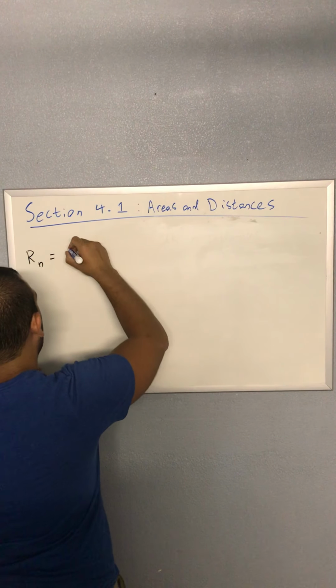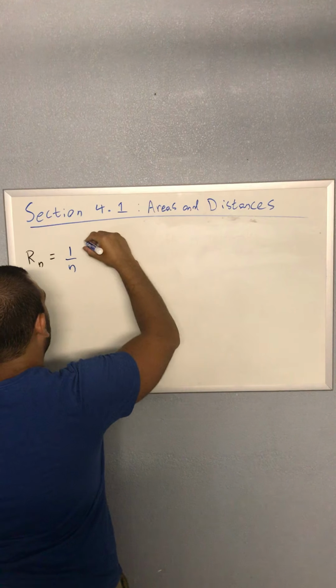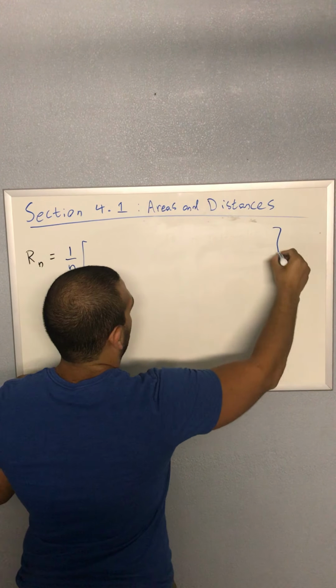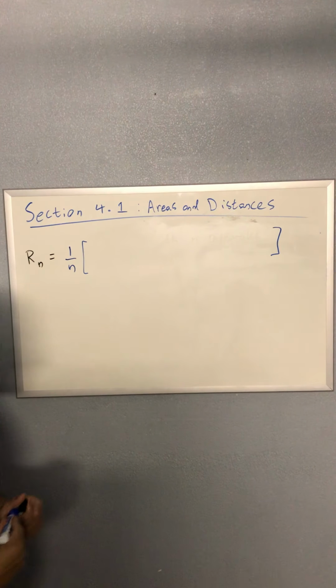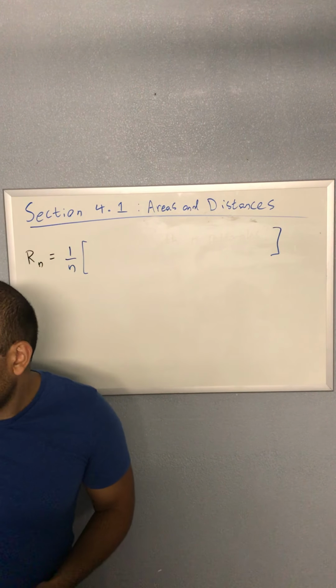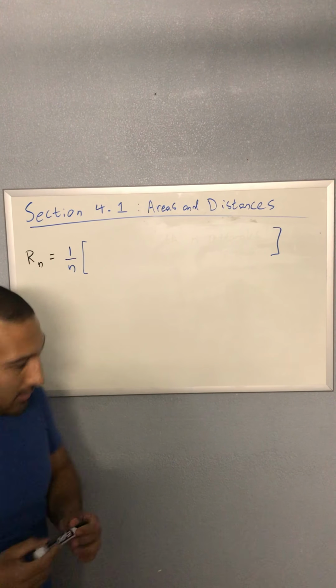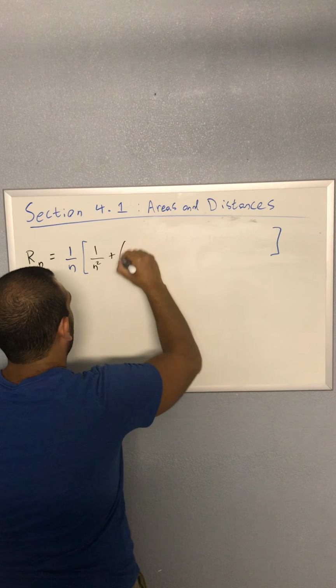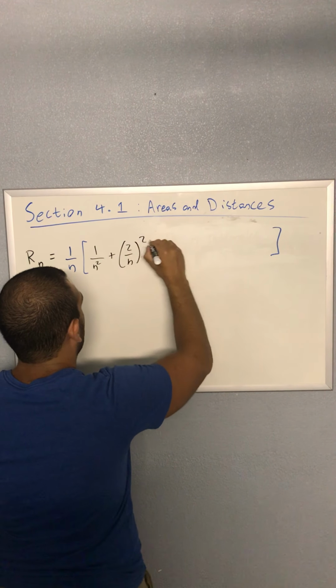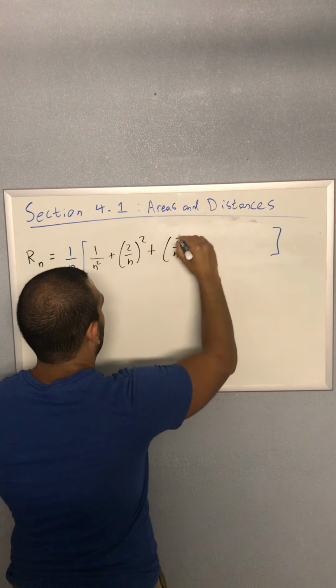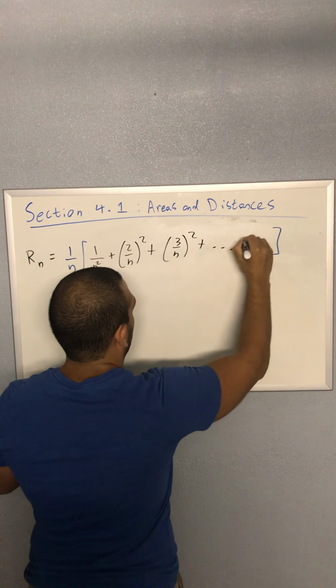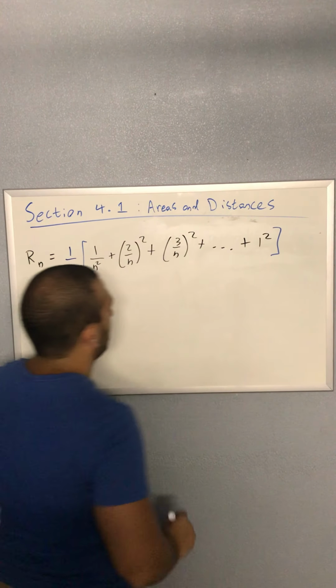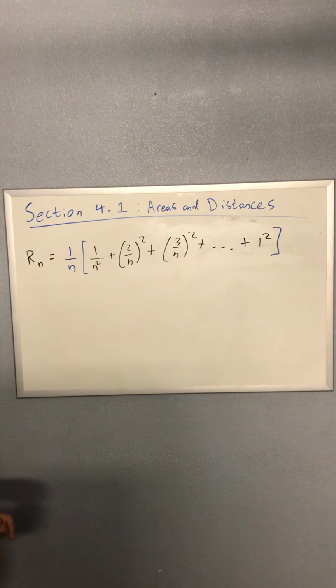So the base was 1 over n, so we factored that out. And then we can start adding the heights, which were 1 over n squared plus 2 over n squared plus 3 over n squared, all the way until we got to 1 squared. We just kept repeating this.